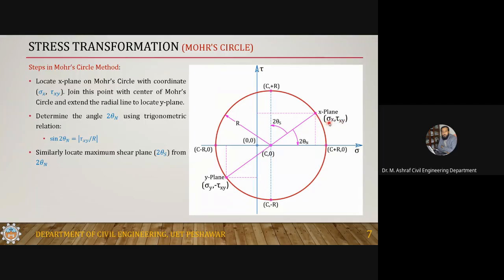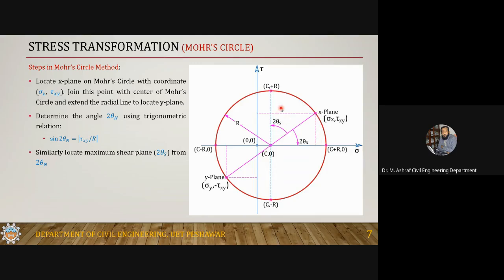It could be positive or negative depending upon the sign of these stresses. So from here up to here, this is sigma x, and from here up to here, this is tau xy. Then you will get this point automatically.